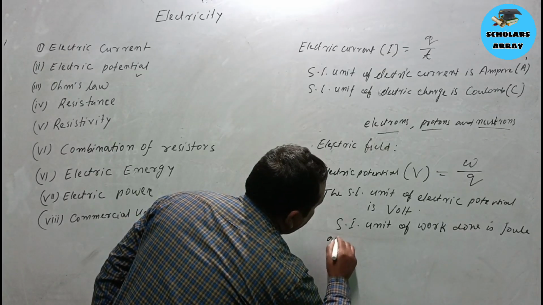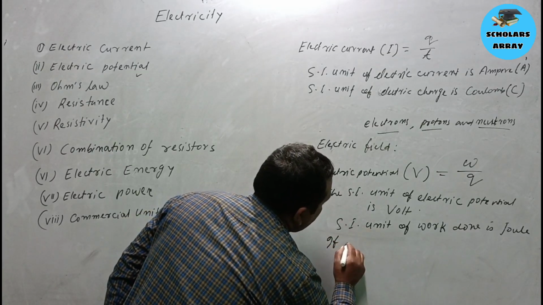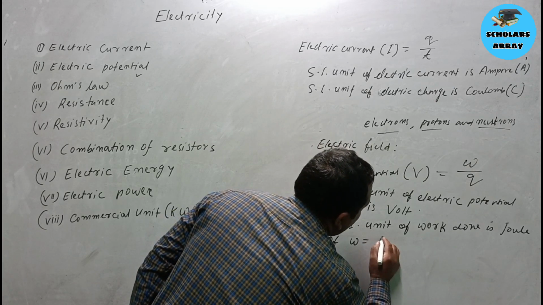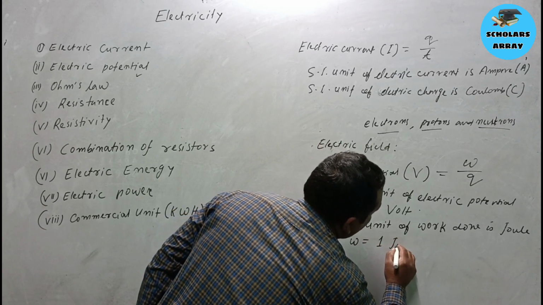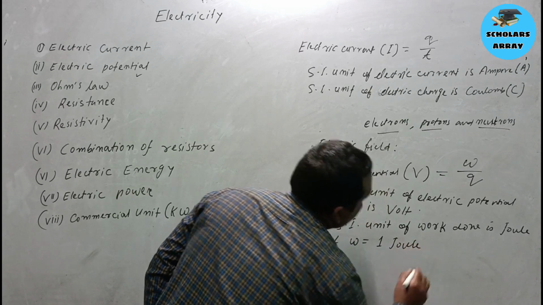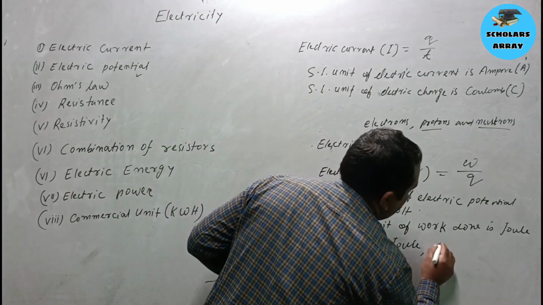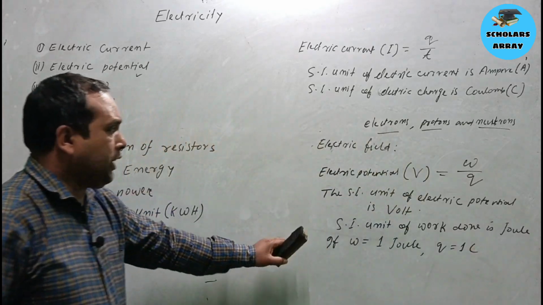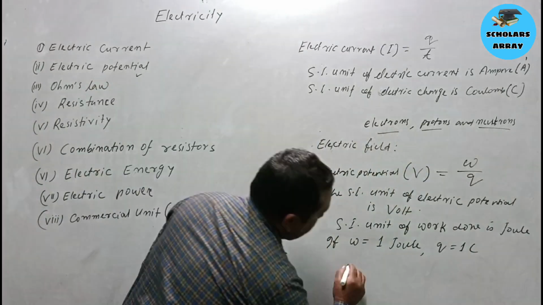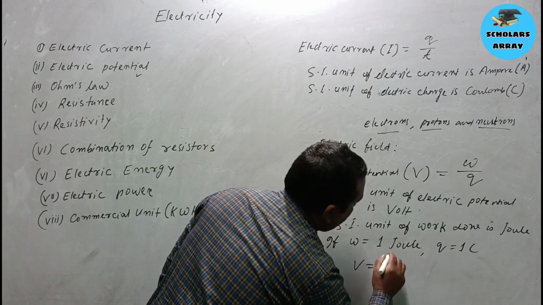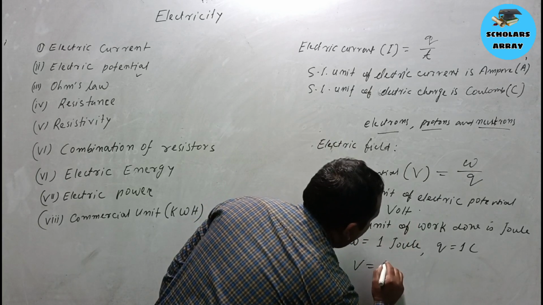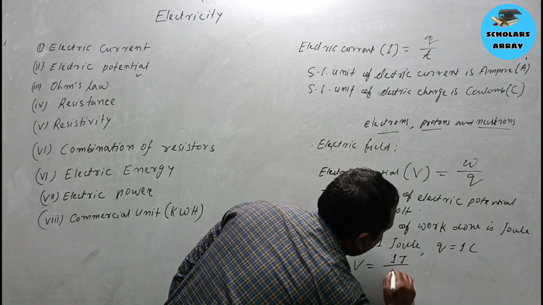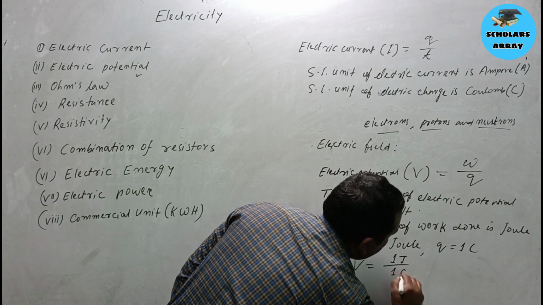Therefore, if W we consider as 1 joule, Q equal to 1 coulomb, then you see V will be equal to 1 joule by 1 coulomb.